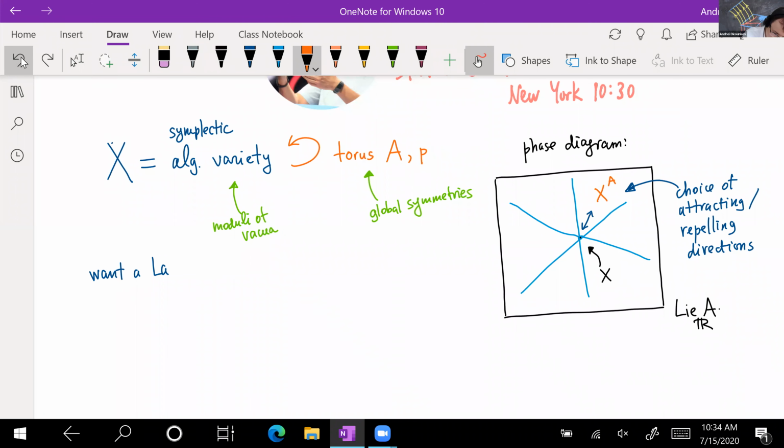So if you hit some other point, and then you continue the attracting manifold of that point, and so on and so forth.